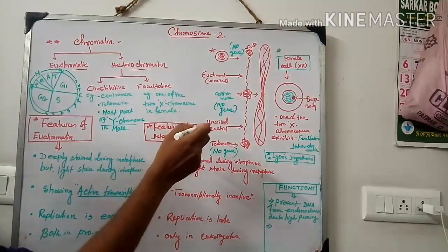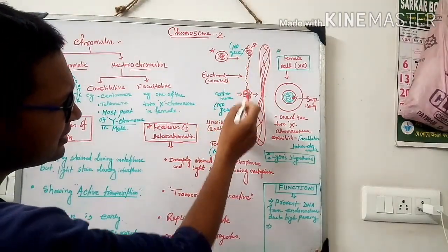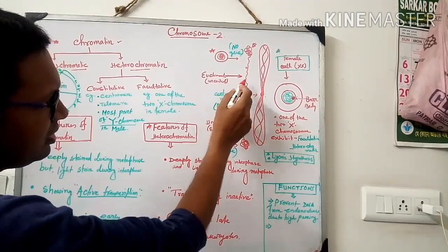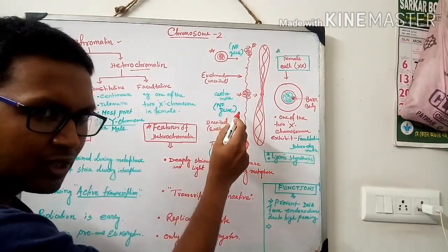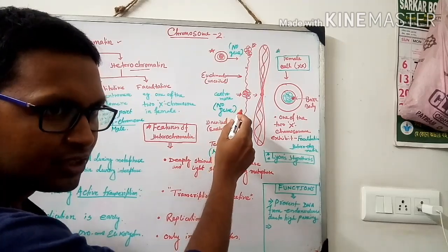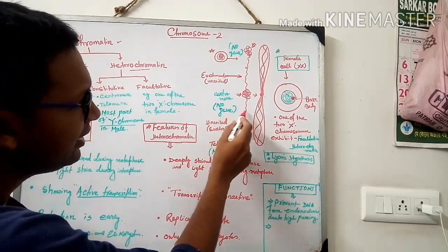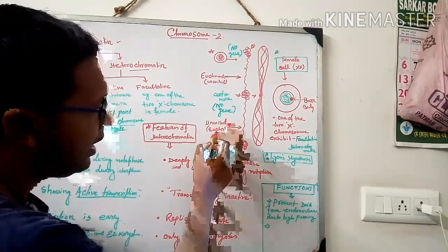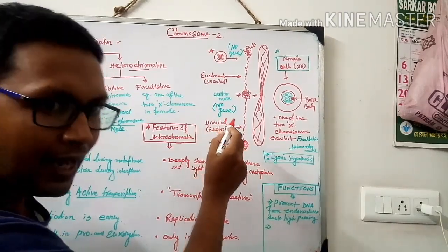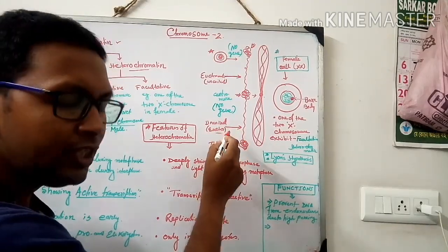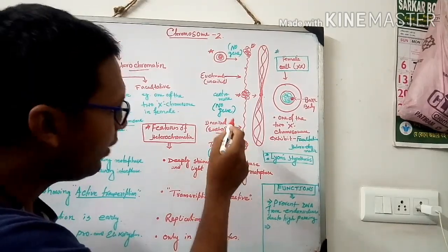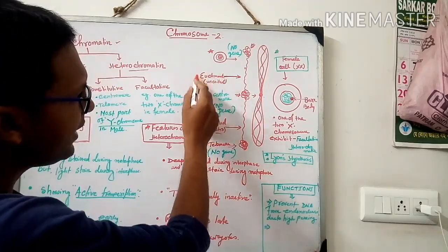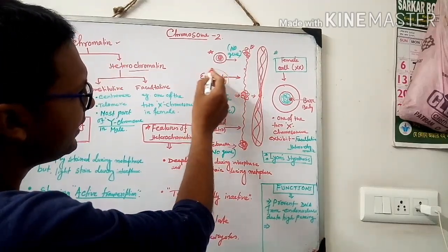The rest of the areas are less coiled, uncoiled structures and highly active, especially in the interphase stage of the cell cycle, and these uncoiled parts are euchromatin. These euchromatins are highly active, especially during the interphase stage when proteins are synthesized.